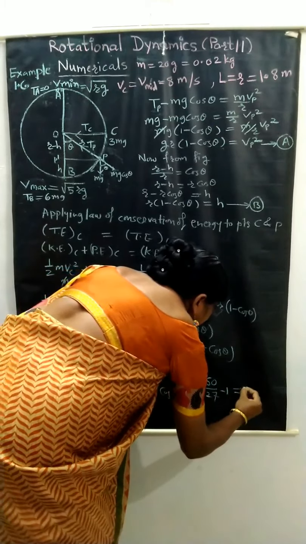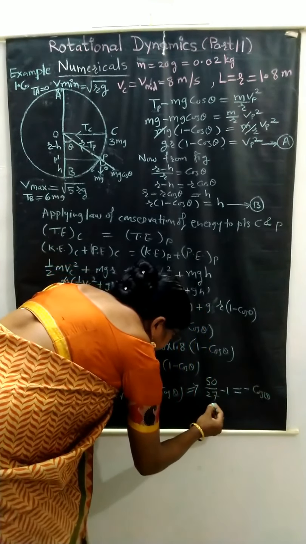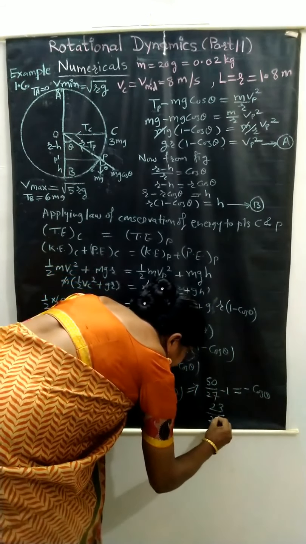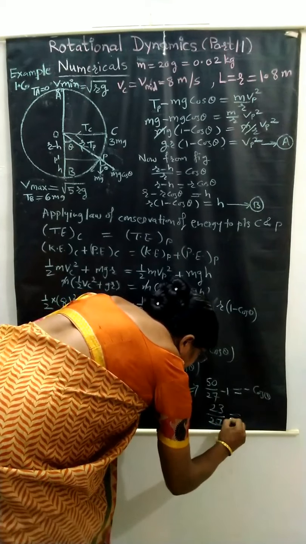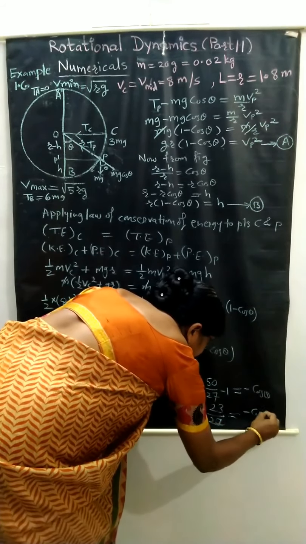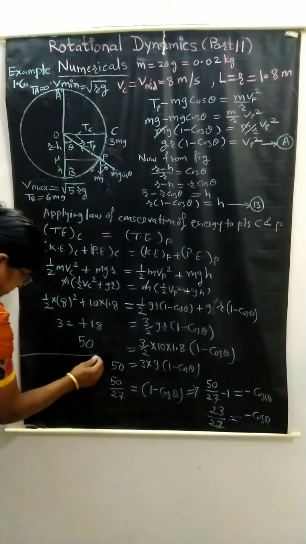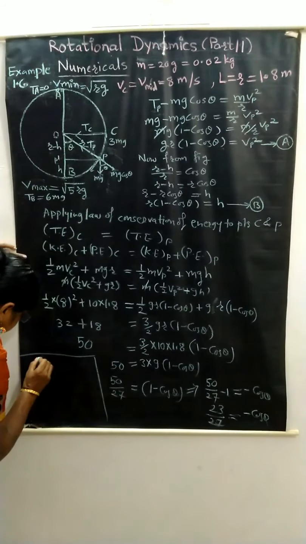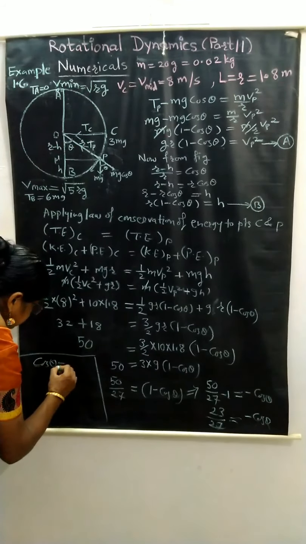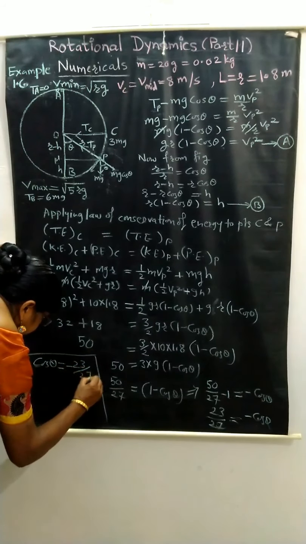So this comes out to be 23 by 27 is equal to minus cos theta. Therefore, cos theta is equal to minus 23 by 27.